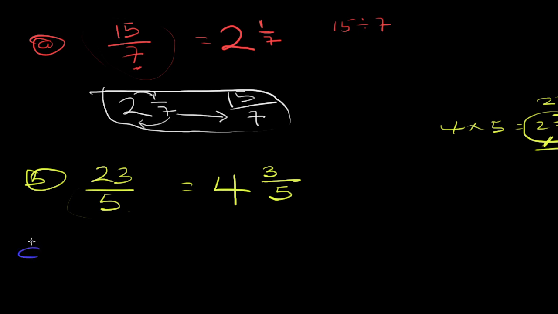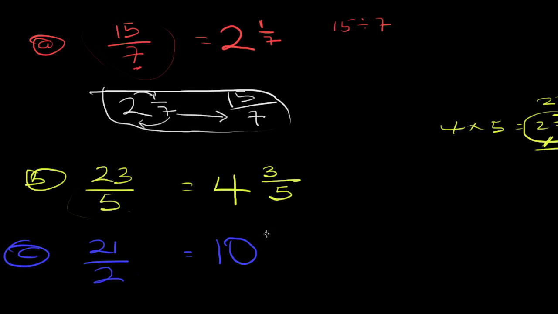So the next one is C. C is 21 over 2. To a mixed number, how many times does 2 go into 21? 2 goes into 21 10 times. What is the remainder? 2 times 10 is 20, right?